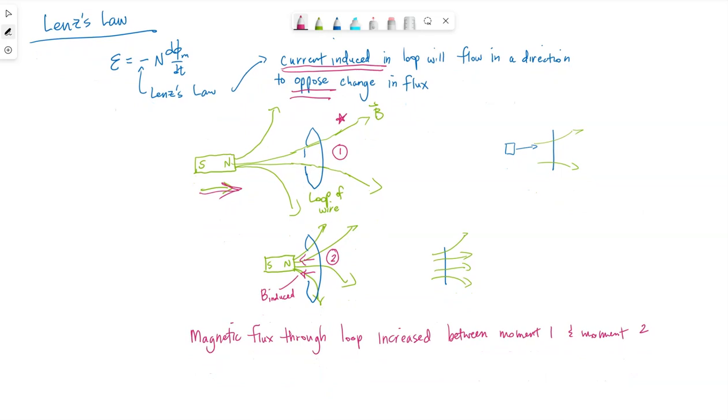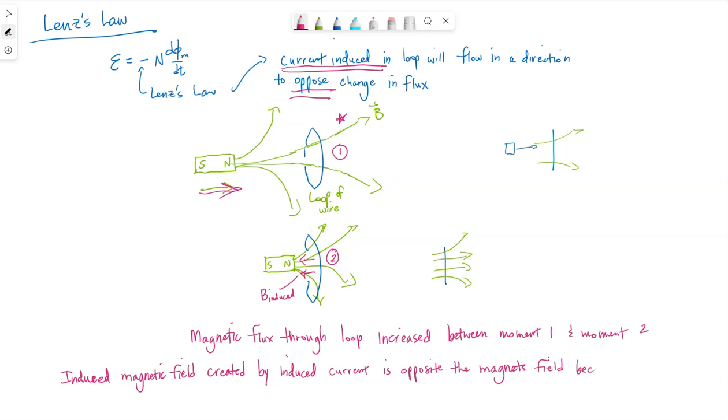So what we're seeing is that the induced magnetic field created by the induced current is opposite the magnet's magnetic field because it's trying to decrease the flux back down to what it was.